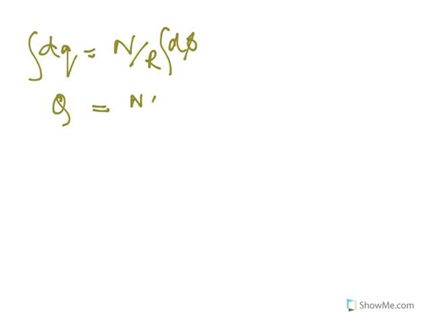So dq is equal to N by R d phi. If we integrate both sides, we get q is equal to N by R phi.